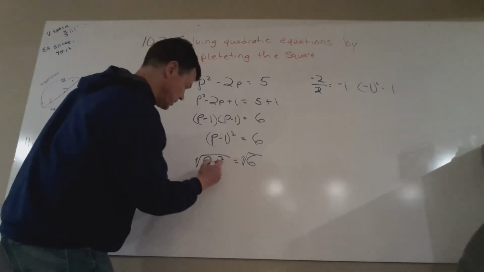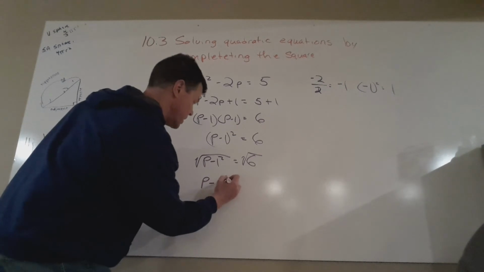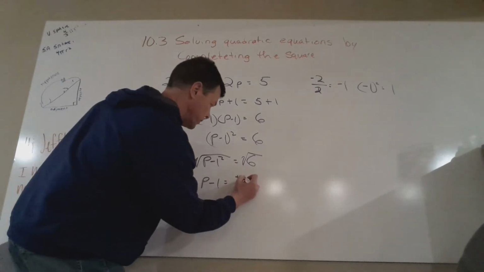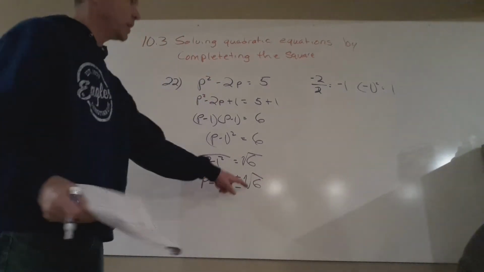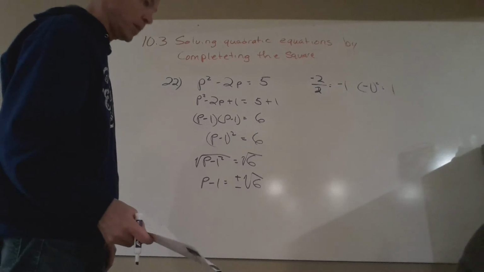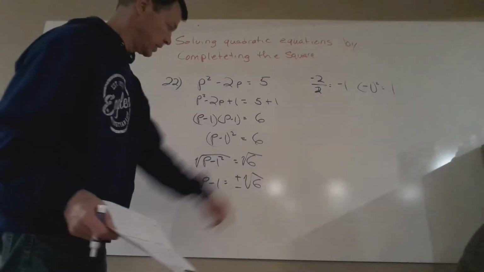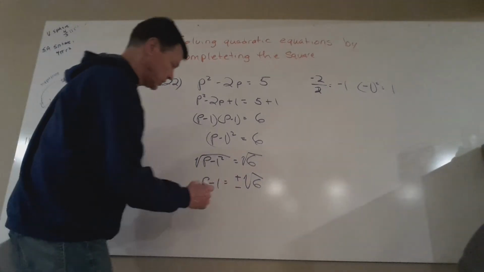We can still do this. Simplifies to just p minus 1. And it's going to be, remember, a positive or negative. You can just leave it as square root 6. If you do square root 6 on your calculator, you end up with, I don't know, a 2.3 and so on. To get p by itself, add 1 to both sides.